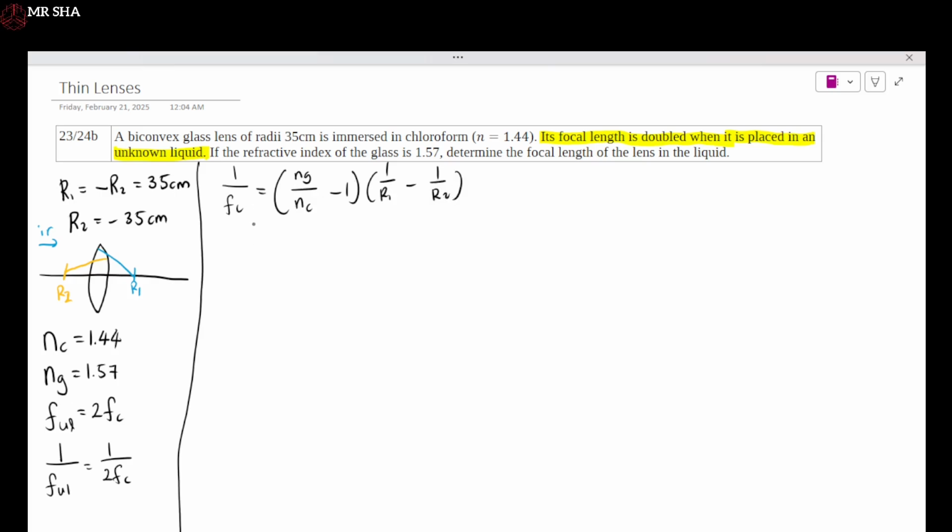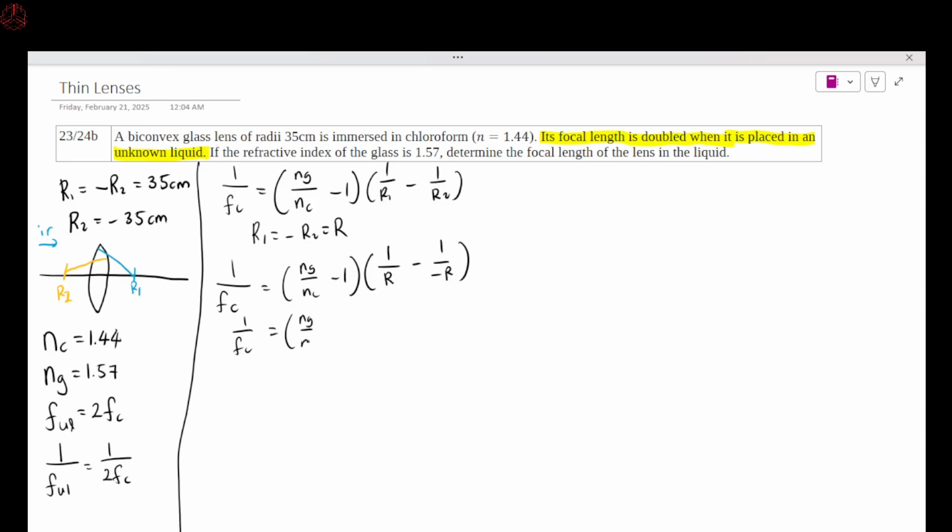I can cast R1, which is equal to negative R2, as just R. Okay, and what I'm left with is 1 over FC equal to Ng over Nc minus 1. Then I will have 1 over R minus 1 over negative R, right?